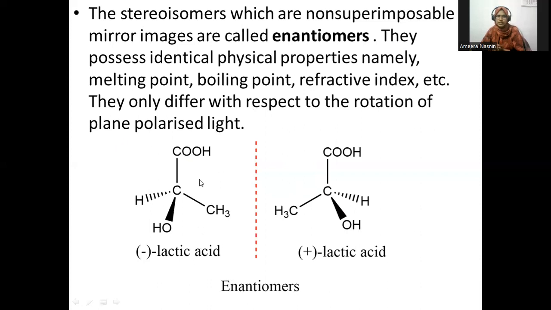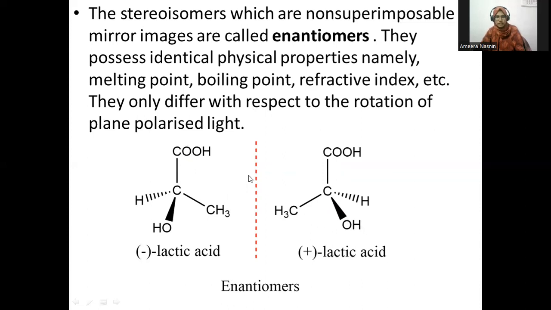Here the mirror images of lactic acid are given, and as we can see, these two are non-superimposable. The first one is minus lactic acid and the second one is plus lactic acid. This one is levorotatory and this one is dextrorotatory.